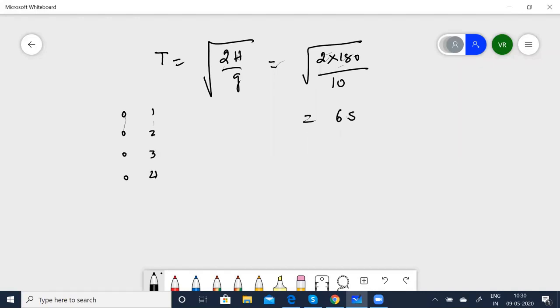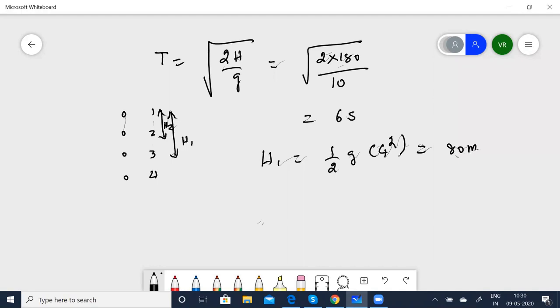Now this is the height between the first and the second. Let us take this as h1, and this as h2. Now the time interval between the balls is 2 seconds. So h1 is equal to half g into 4 squared, which gives you 80 meters.